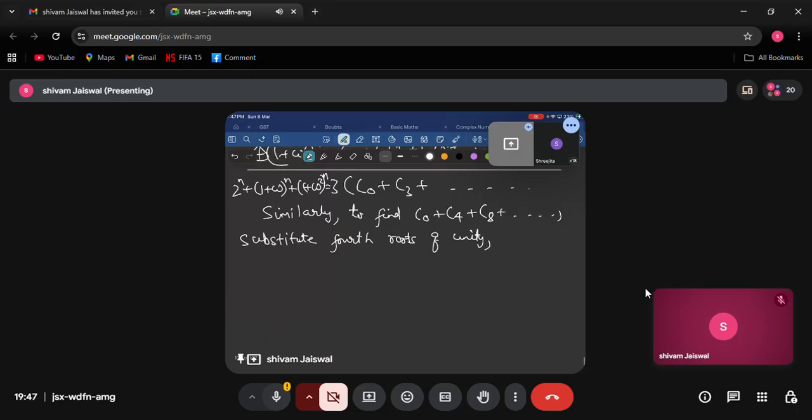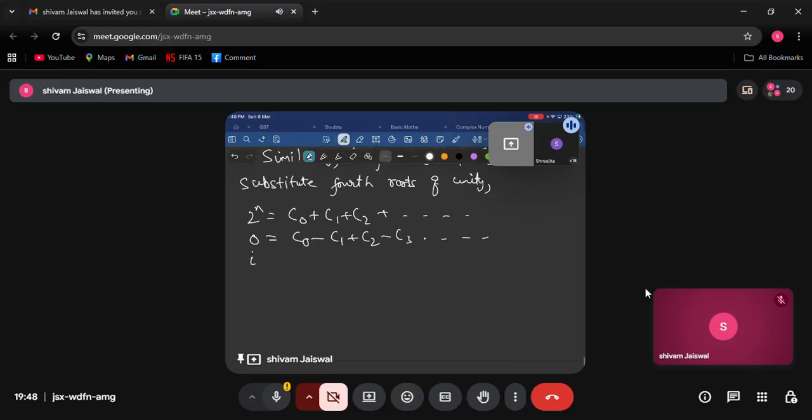That is 2 to the power n is equal to C0 plus C1 plus C2 plus dot dot dot dot. 0 is equal to C0 minus C1 plus C2 minus C3 plus dot dot dot dot. Iota, sorry, (1 plus iota) whole to the power n is equal to C0 plus C1 iota plus C2 iota square, that is minus C2, dot dot dot dot.